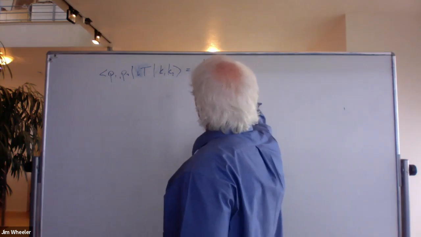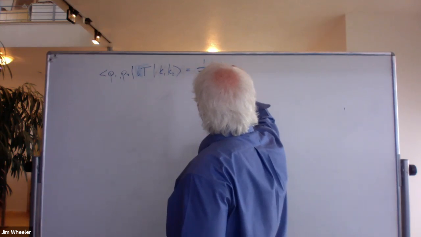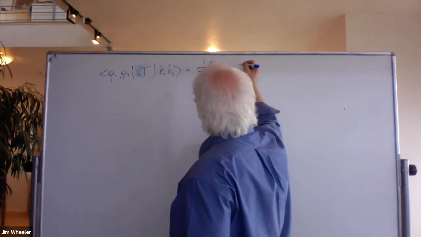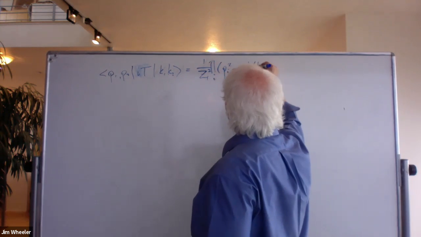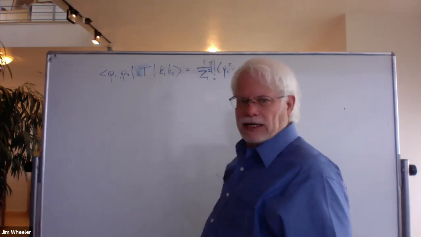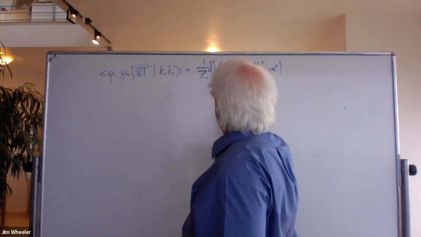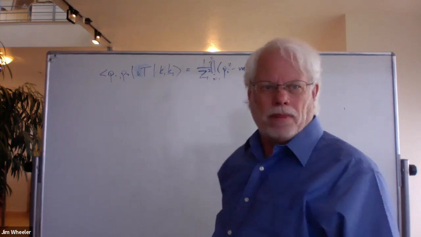Then we have a product over i of the p_i squared minus m squared and the k_i squared minus m squared. I'll write it this way to make it a little shorter. i runs from 1 to 2. So 2 particles out, 2 particles in.